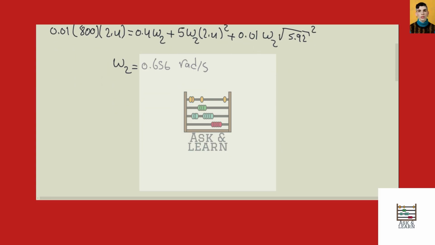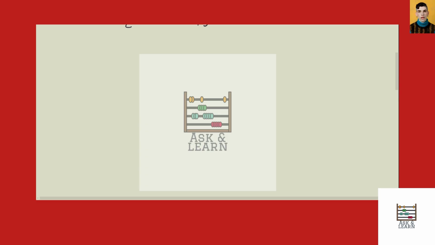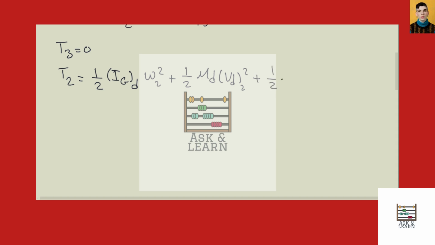Since the system is required to stop finally, T3 will be equal to 0, and T2 equals half I_G D omega 2 squared plus half M_D V_D2 squared plus half M_P V_P2 squared.